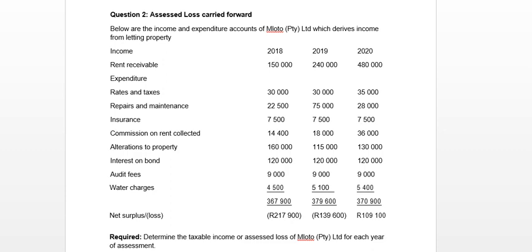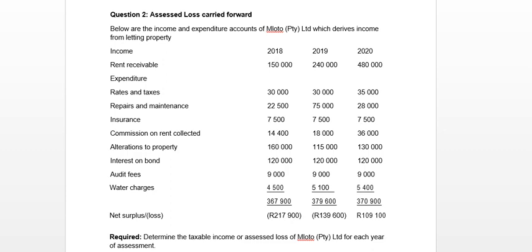Question 2 states that below are the income and expenditure accounts for Mloto Pty Limited, which derives income from letting property. So it's for the 2018, 19, and 2020 years of assessment. It received rent of 150,000, 240,000, and 480,000. These are all the expenditures. All of them are allowed expenditures.